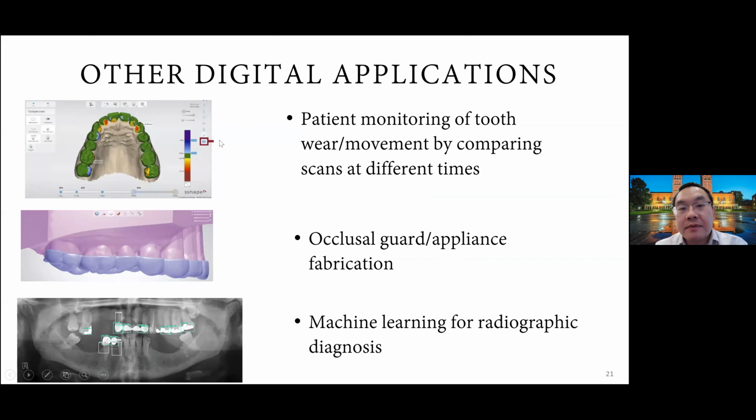So other types of digital applications, we're going to just quickly glance over. Some of the software nowadays has a patient monitoring system where you can compare the scans of a patient at different times. For example, if I see the patient every 6 months or so, I scan the patient every 6 months.